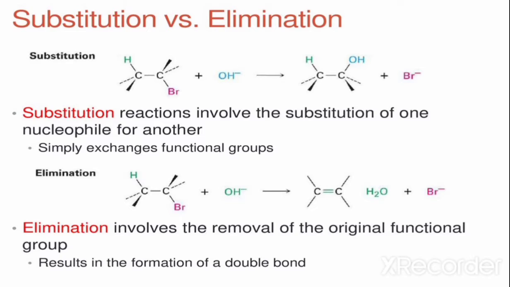In the elimination reaction, the removal of the original functional group results in the formation of a double bond. From one carbon, the nucleophile takes a proton, and from the adjacent carbon a halide group leaves at the same time. Due to this elimination reaction, the carbon to carbon pi bond forms.